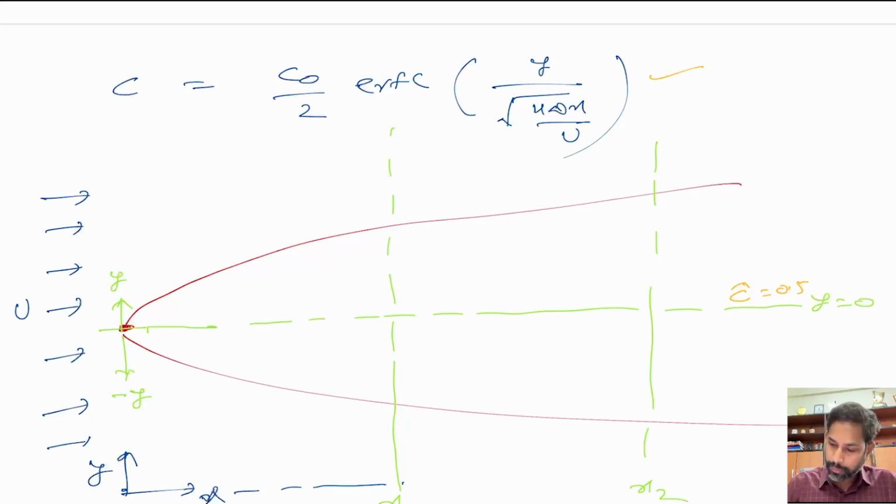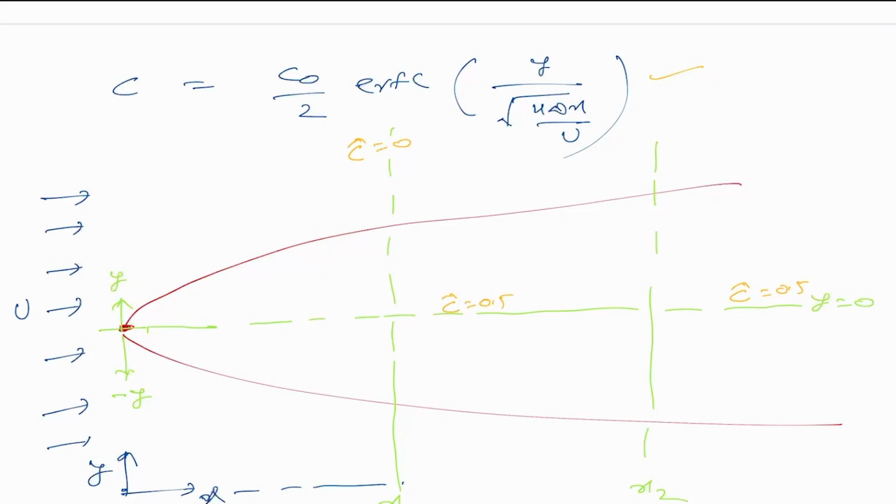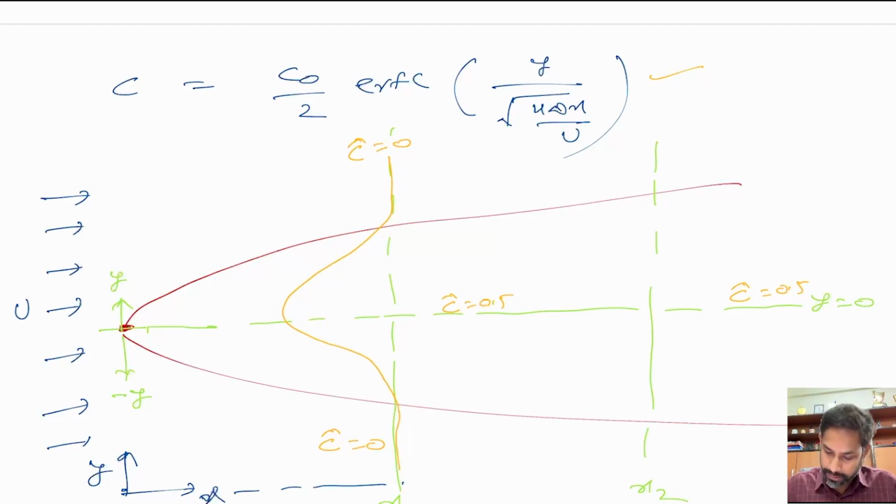And now if you want to plot the concentration profile, here your C hat will be 0. This is the line of C hat equal to 0.5. The outside again C hat will be 0. So if you want to plot your concentration, it will look something like this. Right, this is C hat equal to 0.5 and it's increasing, and you try to measure from this green line.